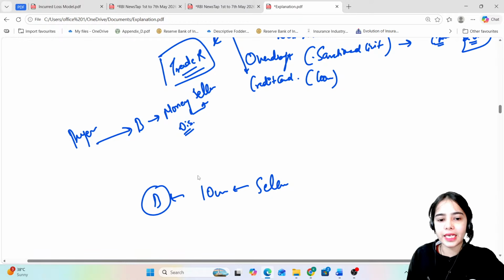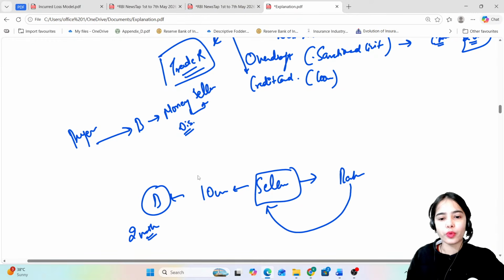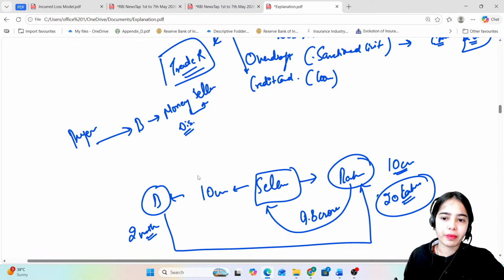Now the buyer says I will be able to pay after 2 months. The seller needs the money immediately. The seller will go to the bank. The bank will give immediate funds to the seller at a discounted rate. Maybe the bank is only giving 9.8 crore. The buyer will pay after 2 months to the bank, and the bank will get 10 crores. That is 20 lakhs profit for the bank in this case.